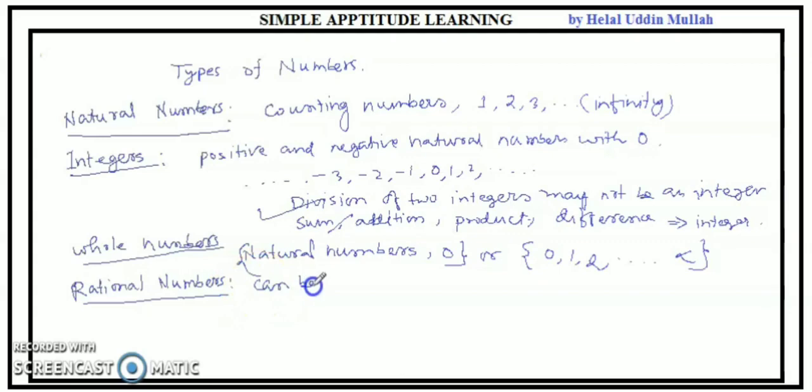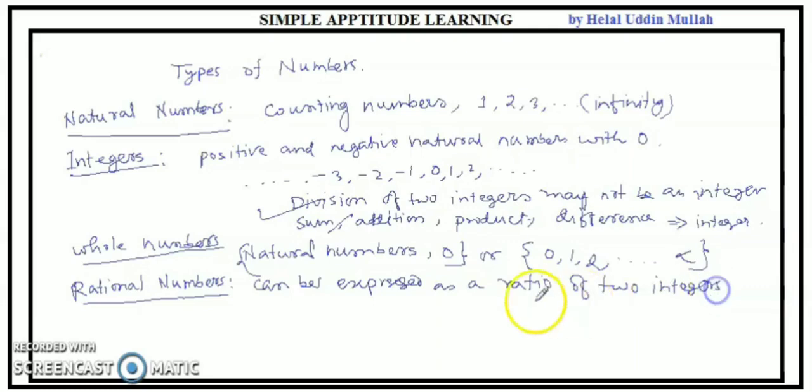For example, 1/3 is a rational number, and 12/29. These are examples of rational numbers.